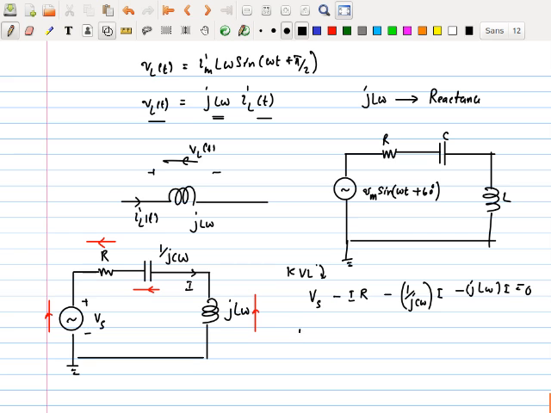So if I want to find I, I would get Vs over R plus 1 over jC omega plus jL omega.